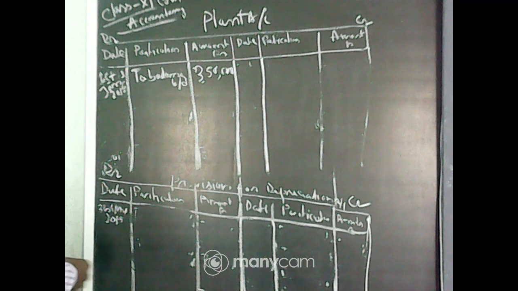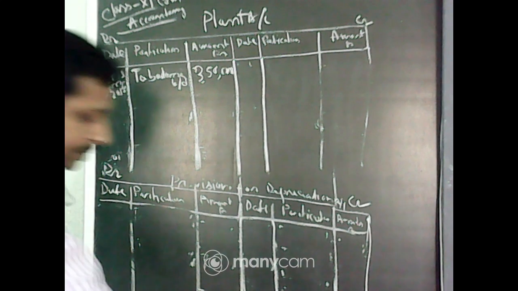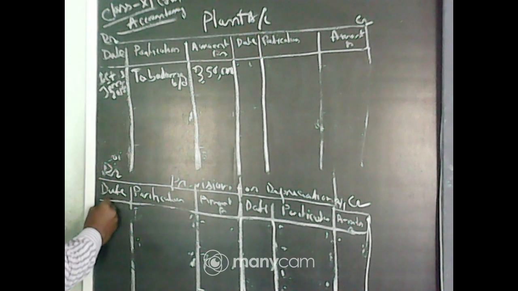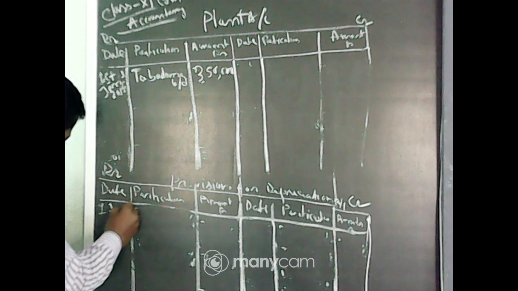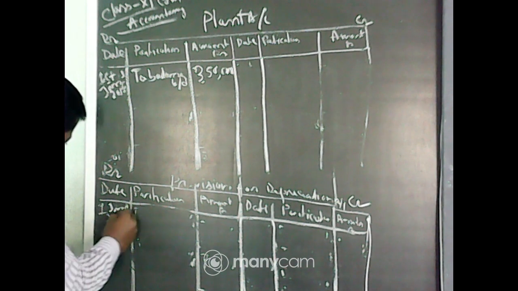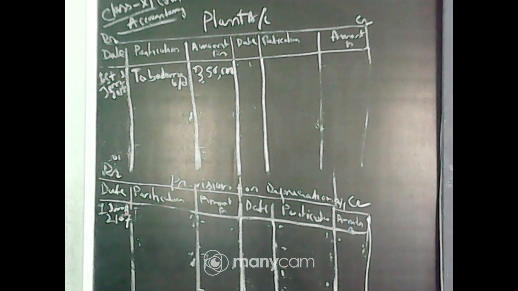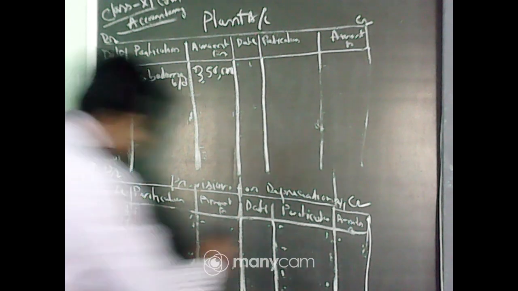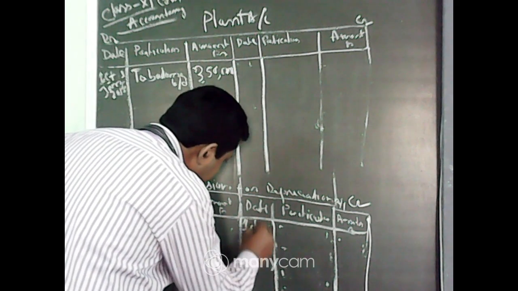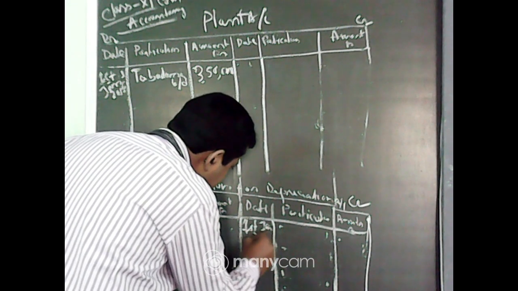Now here accumulated depreciation comes in 2017, that is 1st January 2017.